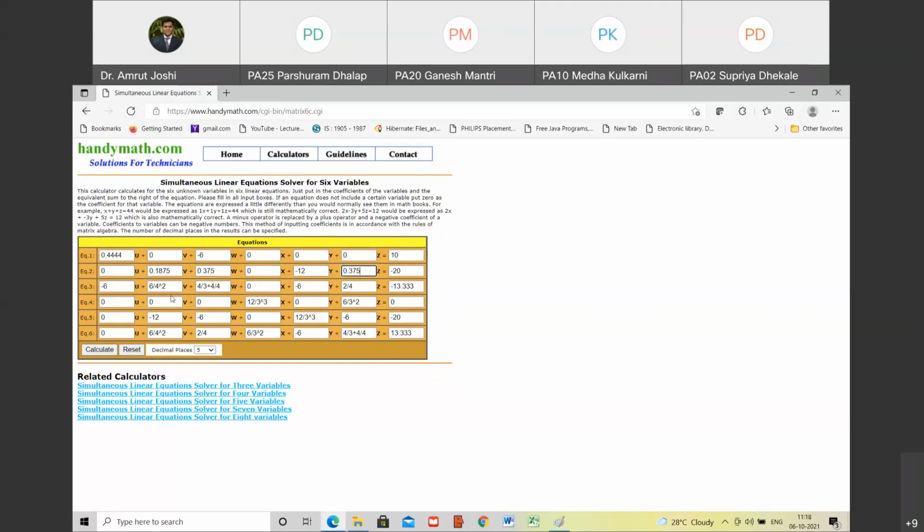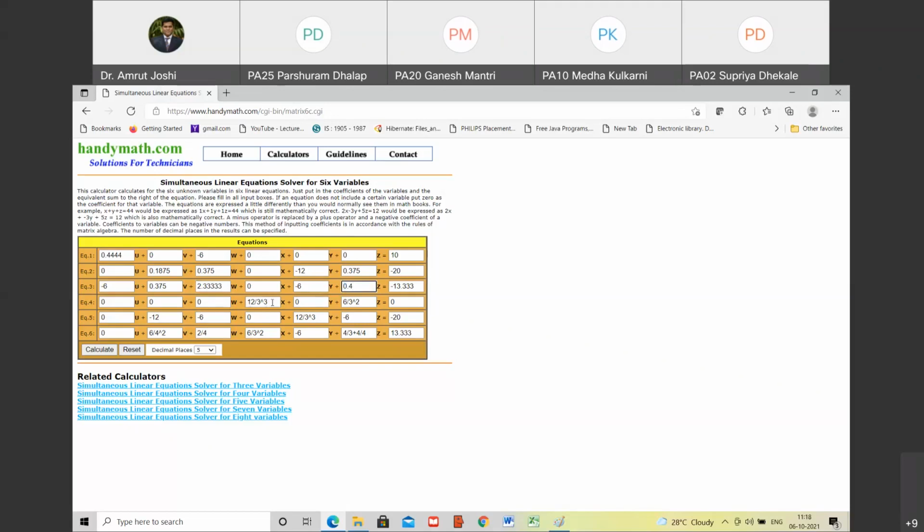These two were plus sign. I have not messed up with the sign. Then we have 0.375, 6 by 4 square, 0.375. Then 4 by 3 plus, so it is 1 by 1 plus 2.33, 2.333. Then 2 by 4 is 0.5.